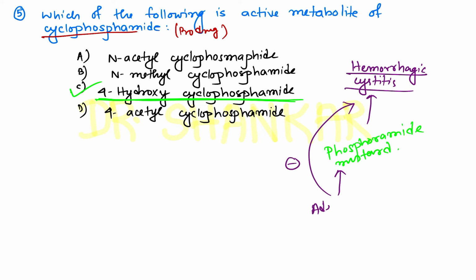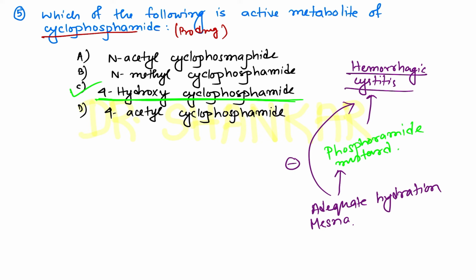So adequate hydration and co-administration of mesna, also known as 2-mercaptoethane sulfonate. Mesna or 2-mercaptoethane sulfonate can reduce the chances of hemorrhagic cystitis.